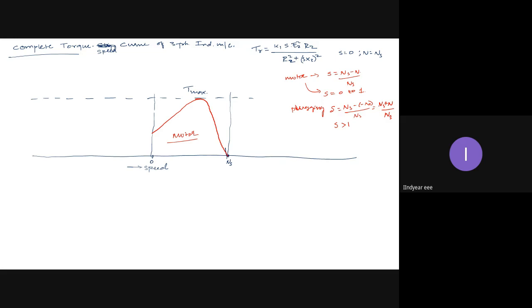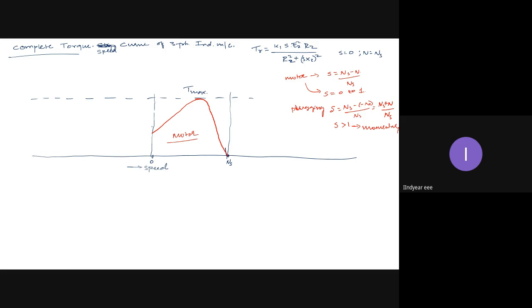But this will not exist for a long time. This is momentary. So when the plugging is done, when the machine is operated as a brake, the speed is reversed.